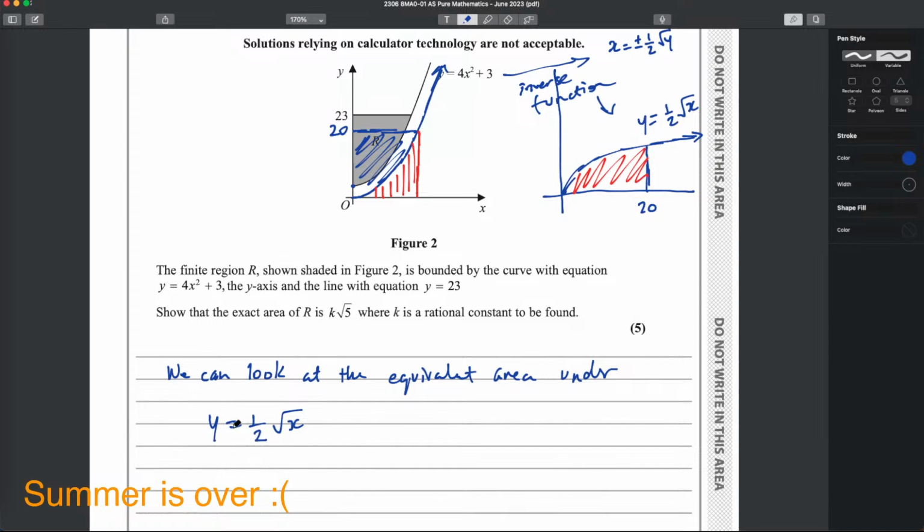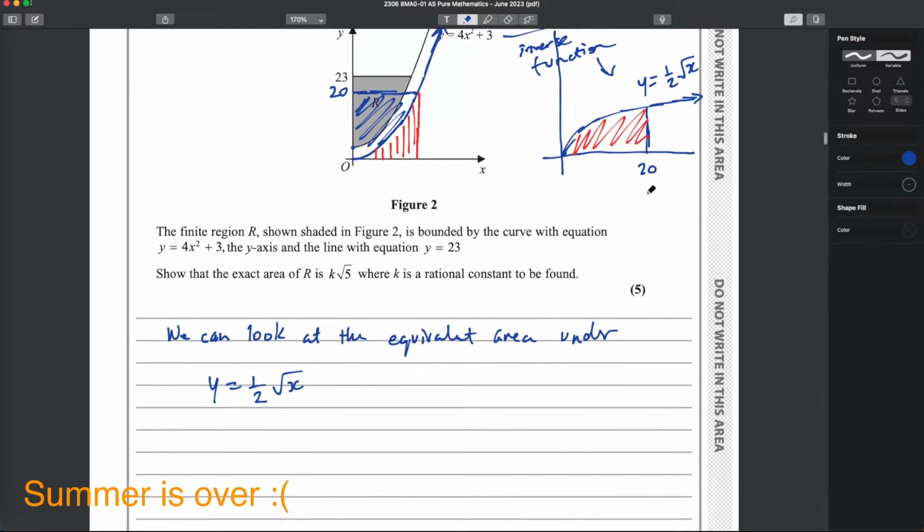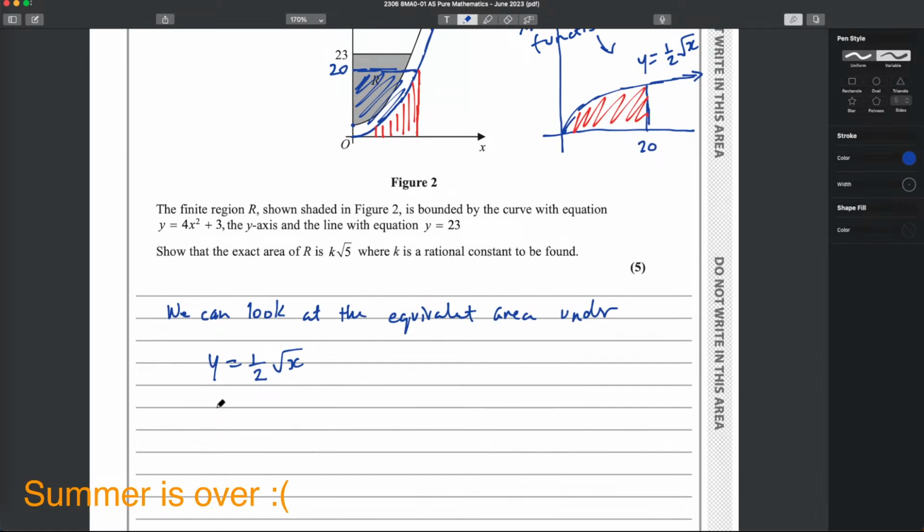So now we're taking this integral, and we want it from 0 to 20. So we say the integral of y. I actually haven't looked at integrals for a while, but hopefully this is fine.